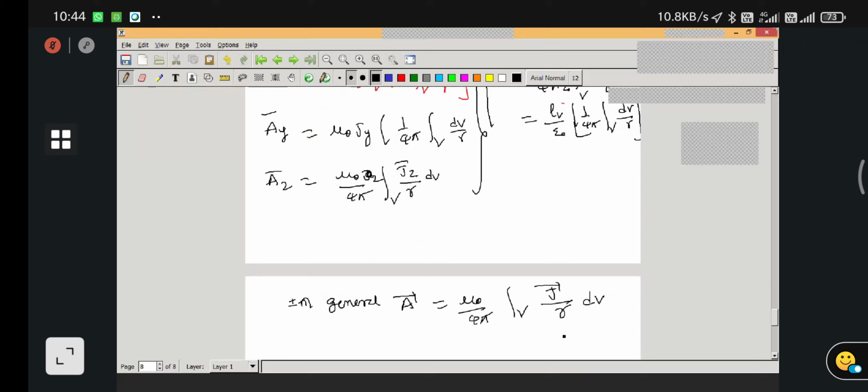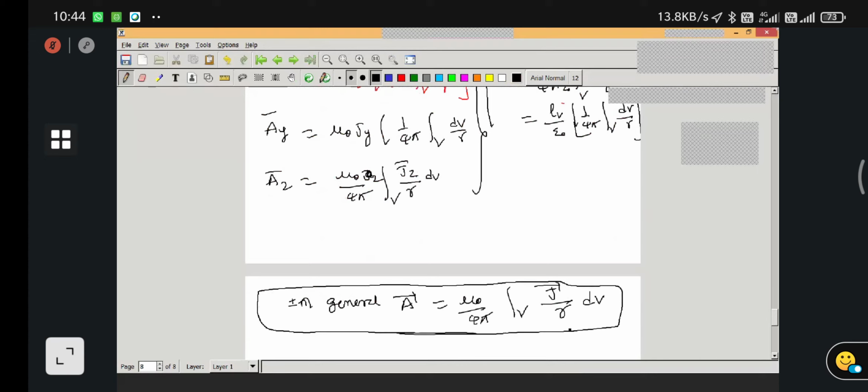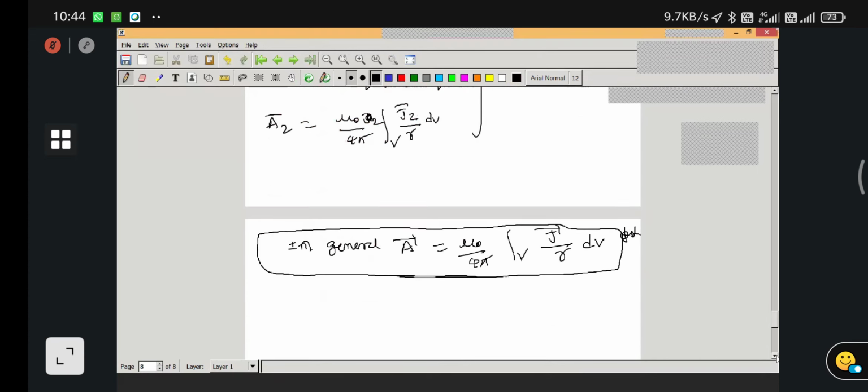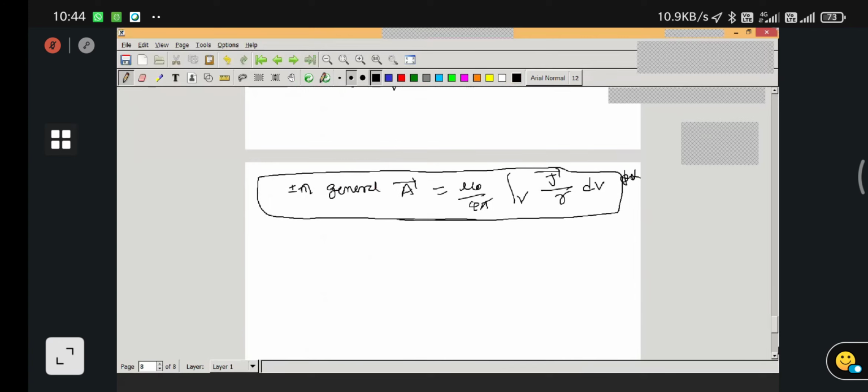This is a very important general formula, with B equal to the curl of A.